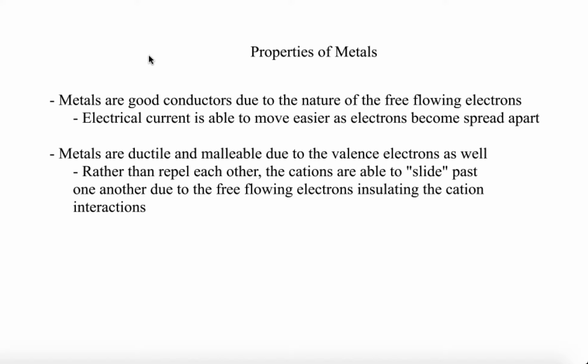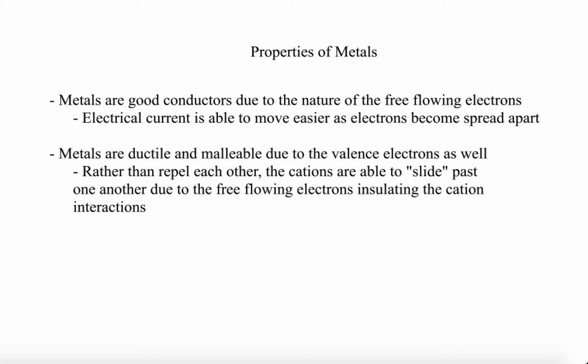Because these electrons are constantly moving around and flowing, that helps promote the electrical current running through them. Because these electrons are free flowing and spread out, that helps metals become conductive. It helps them pass electrical current through because the electrons are able to move.